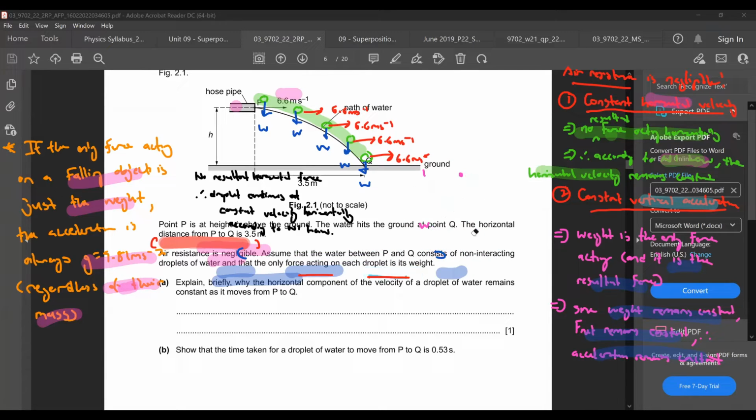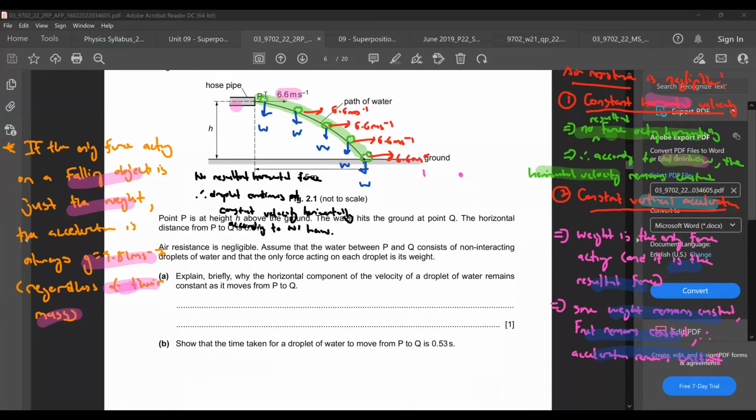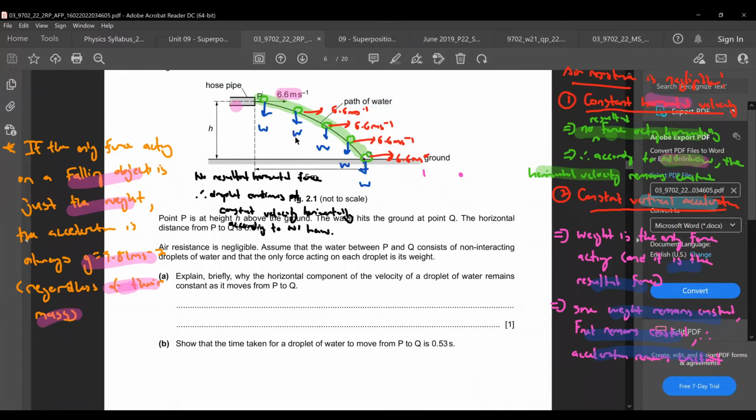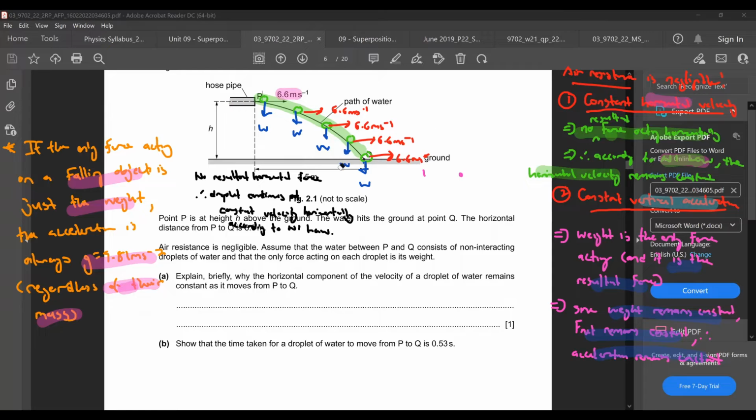Now, when your droplet of water was moving from P to Q, the actual path that it took was the green highlighted path here, okay? But when you split the motion into two components, horizontal and vertical, moving from P to Q actually consisted of two separate motions.